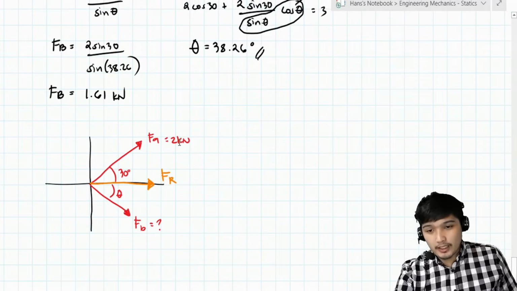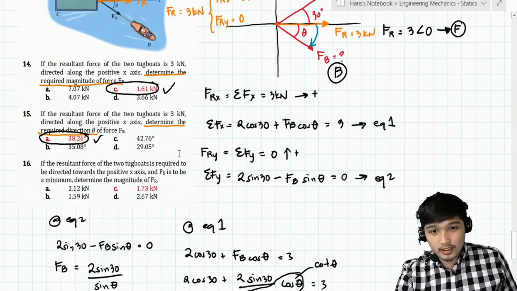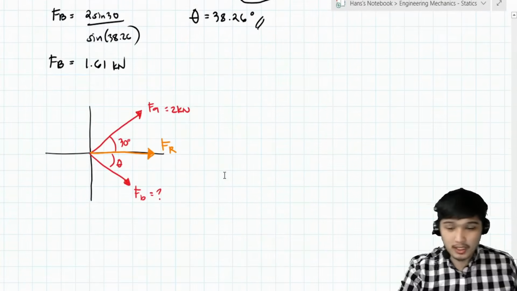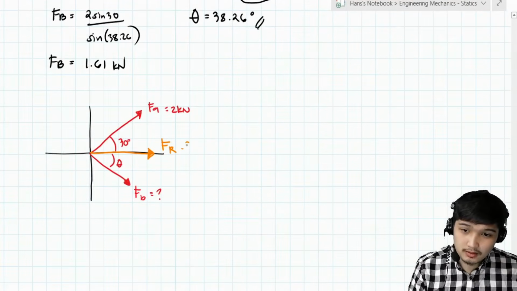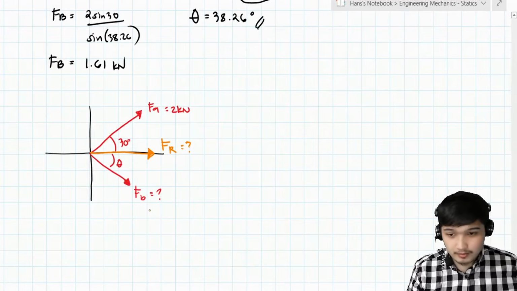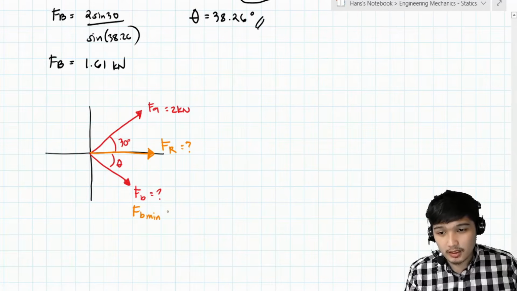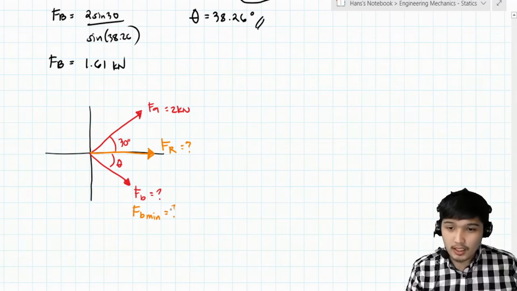Okay, so, ayan, no. So, instead na dito kasi, class, yung FR, may given siyang value. Dito, wala. Okay? Tapos yung FB, gusto niya, magiging minimum value nung FB. So, paano kaya yun, class?